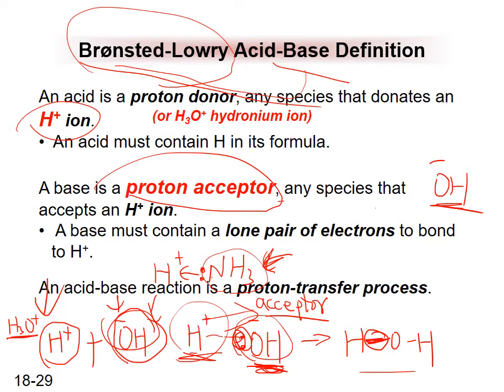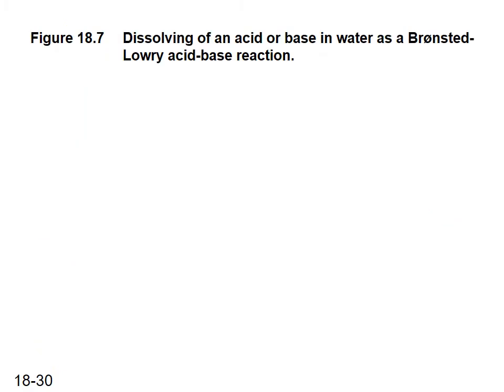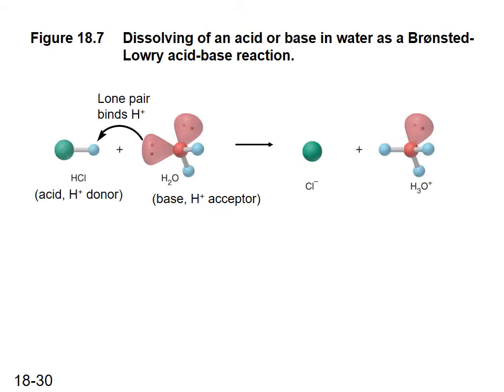Using Bronsted-Lowry theory, many reactions can now be considered acid-base reactions. For example, when we dissolve hydrogen chloride, this blue one is chlorine and this smaller ball is hydrogen. When you dissolve it in water, this is the water molecule.